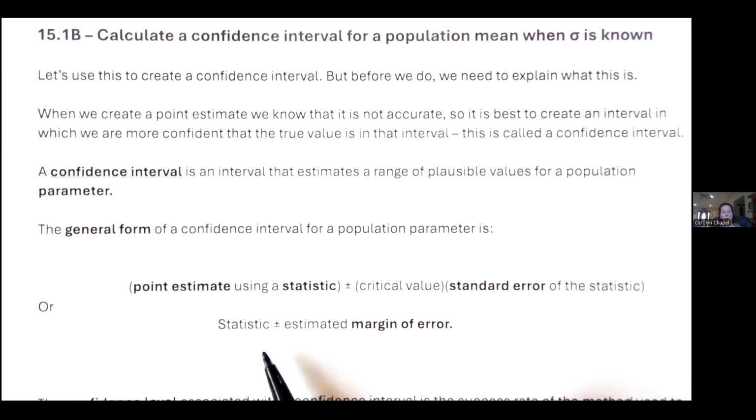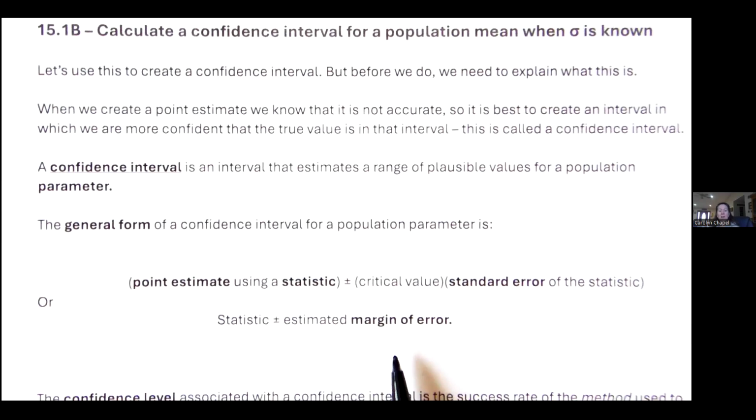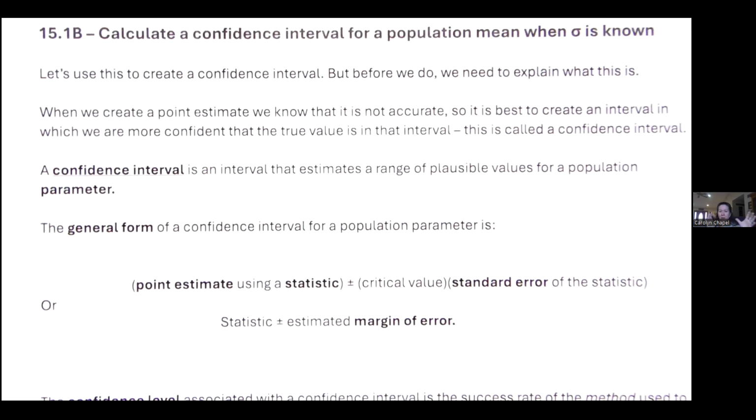So we get that point estimate plus or minus some margin of error that I'm pretty sure it's this number, but I'm going to give myself a little cushion to go a little bit smaller and a little bit bigger. And that's going to create what we call a confidence interval. So because we'll have a smaller number and a larger number, an interval from here to here.